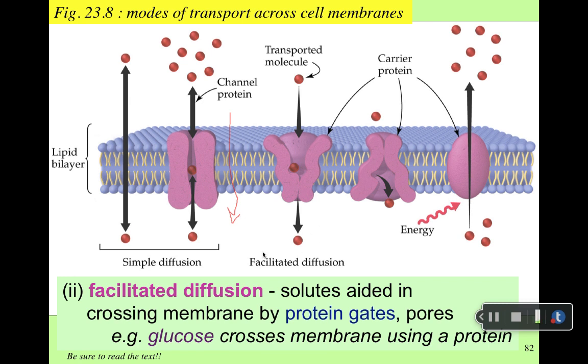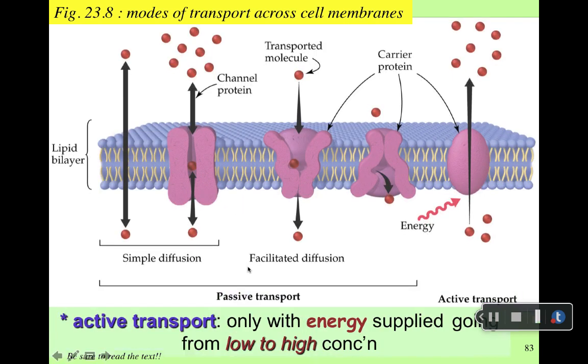The one in the middle, called facilitated diffusion, shows a gate opening on one side for a minute and then closing and opening on the opposite side to transport the molecule. These are both passive in the sense that they go from high to low concentration, and molecules that are bigger than a nonpolar small thing like oxygen or CO2 are going to require facilitation by a protein.